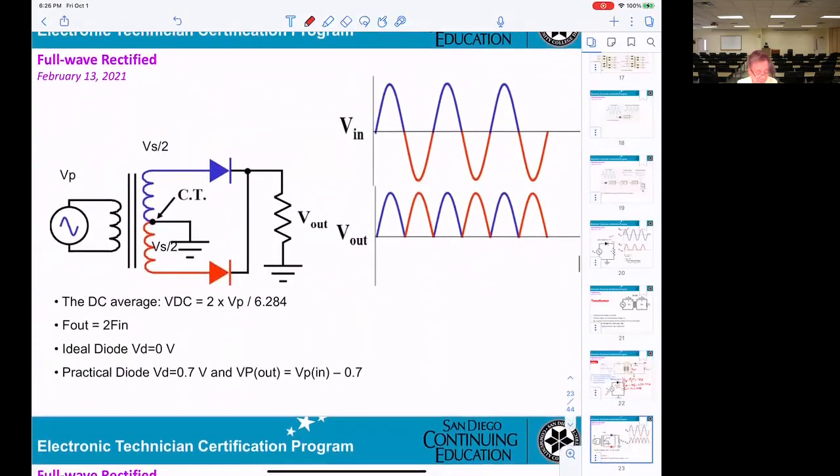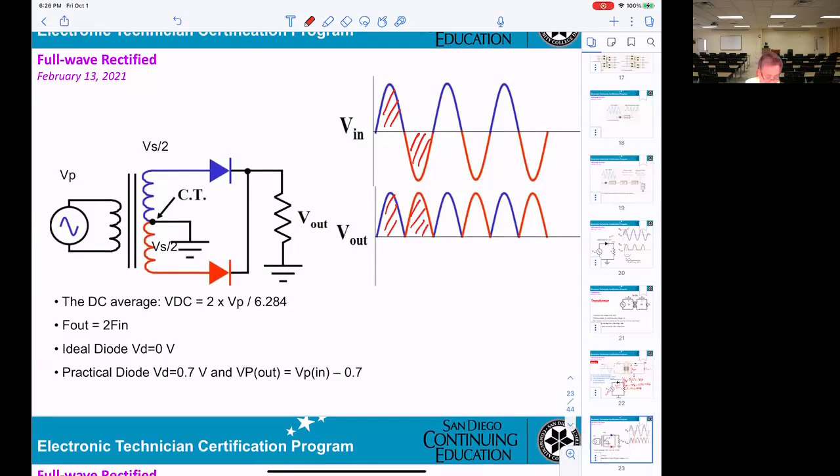Now, we get what we call a full wave rectifier. Now you can see it's easy to recognize. This is your input here, positive, negative. So positive, they rectify. Negative, they rectify.